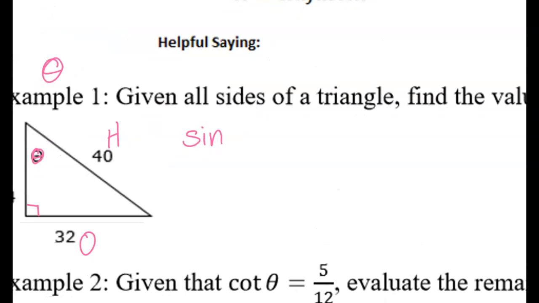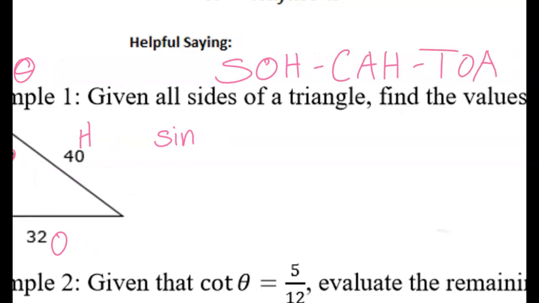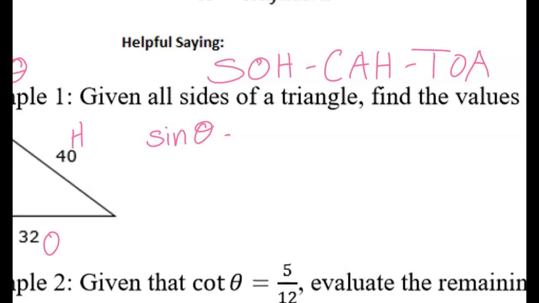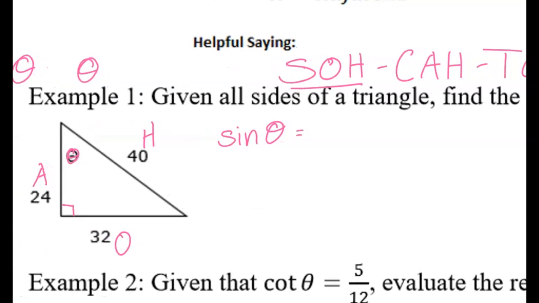I'm going to write it right here. If I'm thinking about SOHCAHTOA and I'm trying to find sine of theta, I look at the acronym to know which letters. I'm dealing with sine, so I look at SOH, meaning our ratio is opposite over hypotenuse, O over H. Which one was our O? 32.